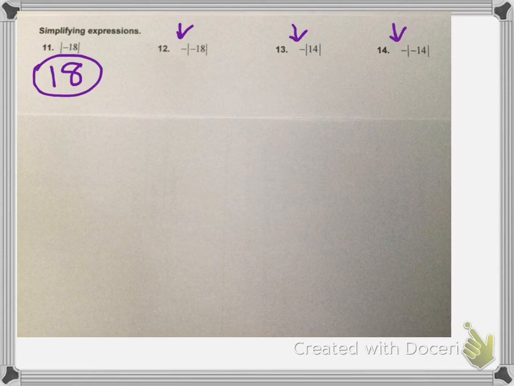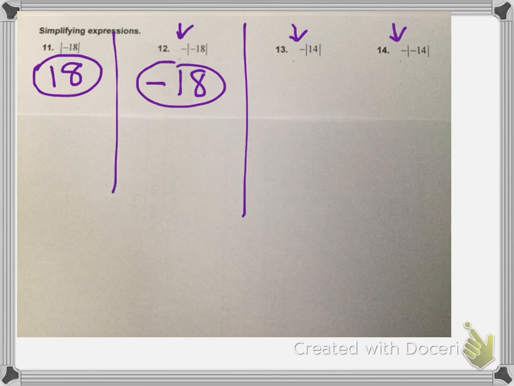Okay, so basically bring down that negative symbol outside of the absolute value sign. No matter what here, your answer is going to be a negative because we have the negative symbol in front of each absolute value. Then you find the absolute value of negative 18. How far away is negative 18 from 0? That would be 18. So your answer for number 12 is negative 18 because of the negative symbol in front.